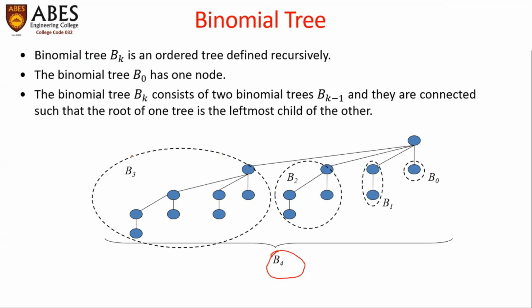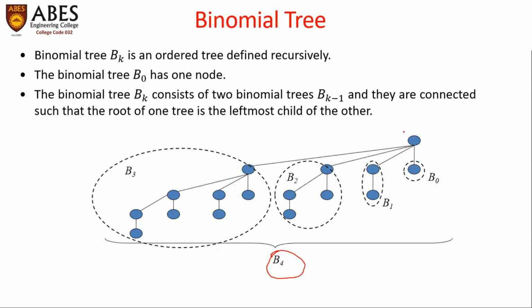As you can see here, this particular part is of the order B3. This part is of the order B2. This is of the order B1 and this is of the order B0. So in B4, all these binomial trees are connected with the single root node. So this is known as a binomial tree.